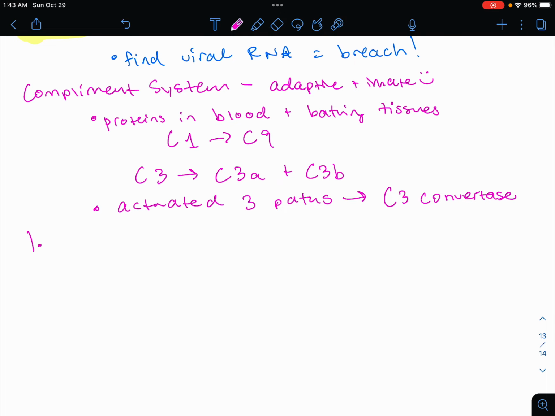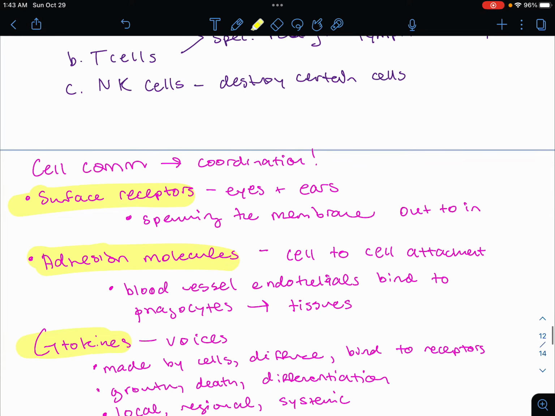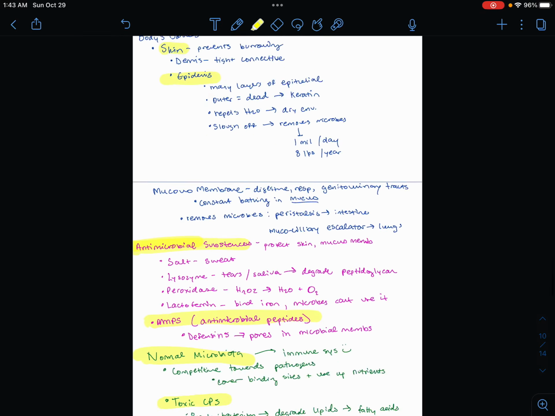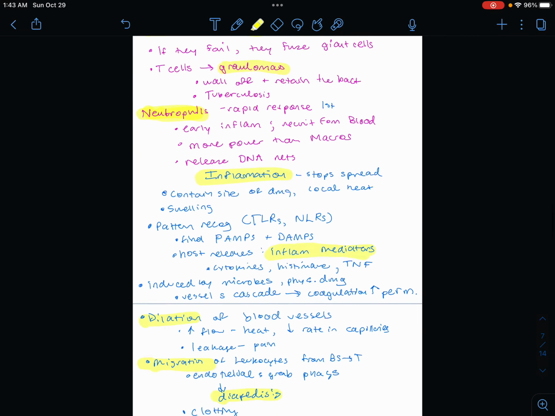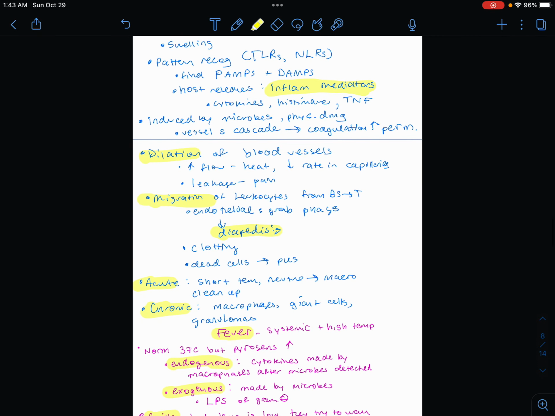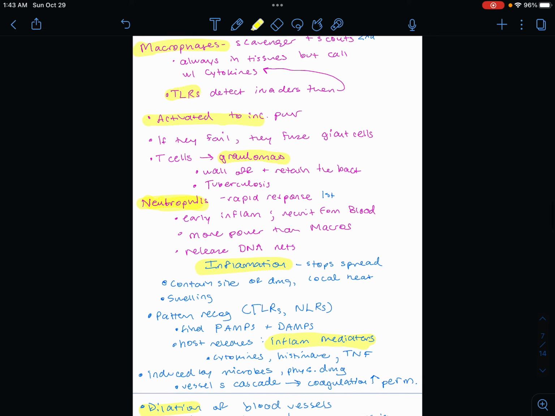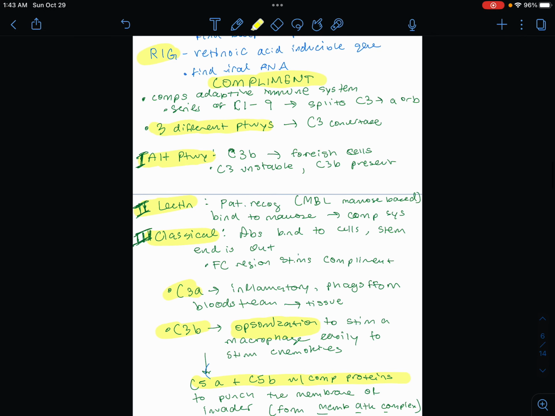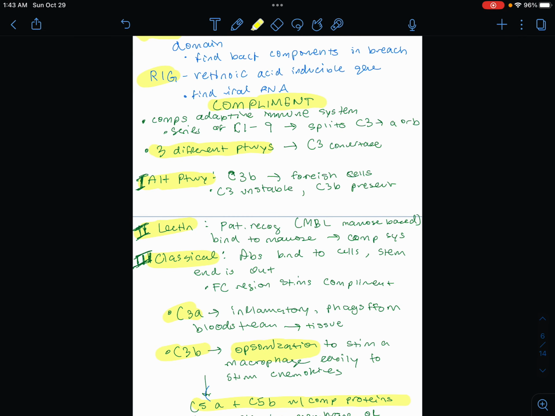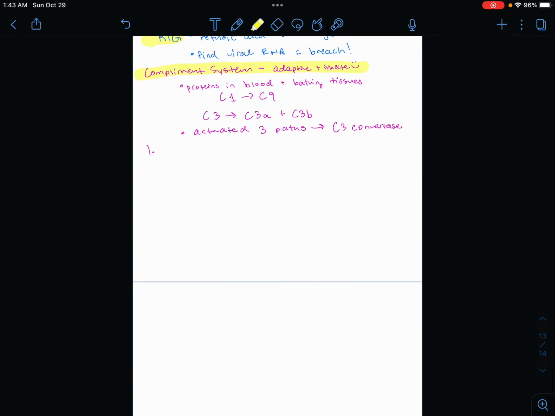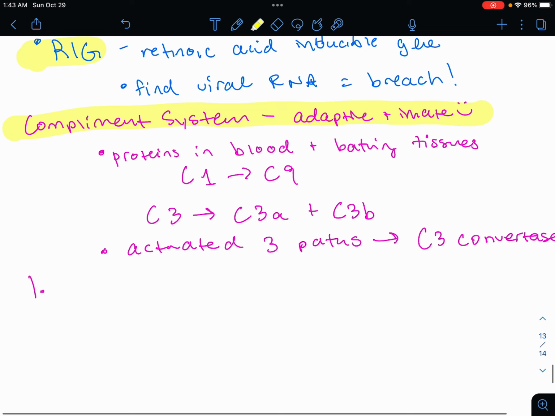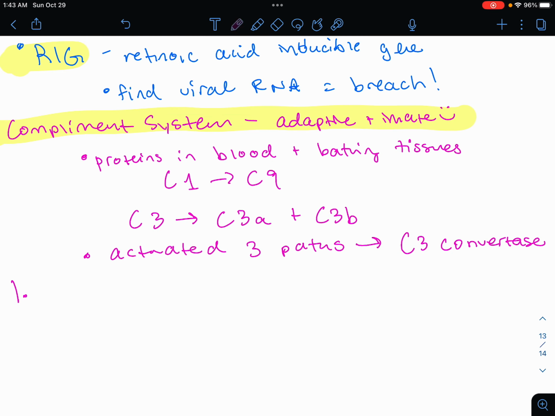We have pathway number 1. There, we have 3 different pathways. The alternative pathway, the lectin, and then the classical. So the alternative pathway is first.